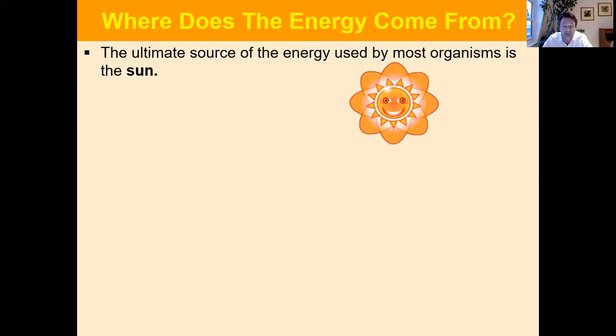Okay, so first of all, where does the energy all come from? Well, it either comes from the sun or possibly through the oxidation of chemicals in the environment if you are a chemoautotroph. So most organisms, we get the energy from the sun, and well, you're thinking, well, I don't get the energy from the sun. Well, actually you do, because you end up eating autotrophs, or you eat things that eat autotrophs, because you are a heterotroph.